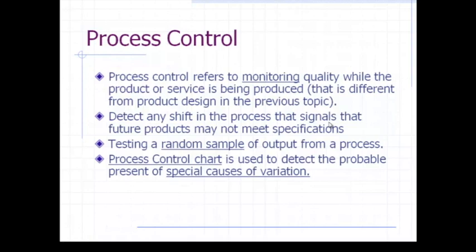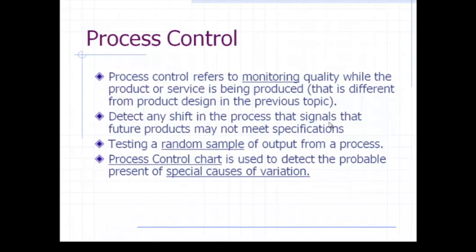So, process control refers to monitoring quality while the product or service is being produced. That is very different from product design in the previous topic. By detecting any shift in the process that signals that future products may not meet specifications, we can keep high quality products.